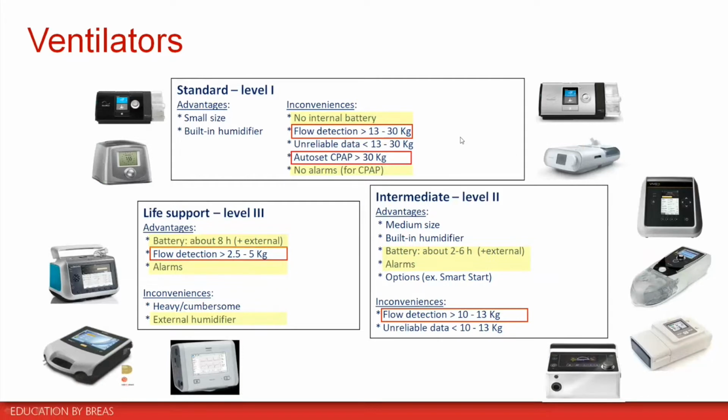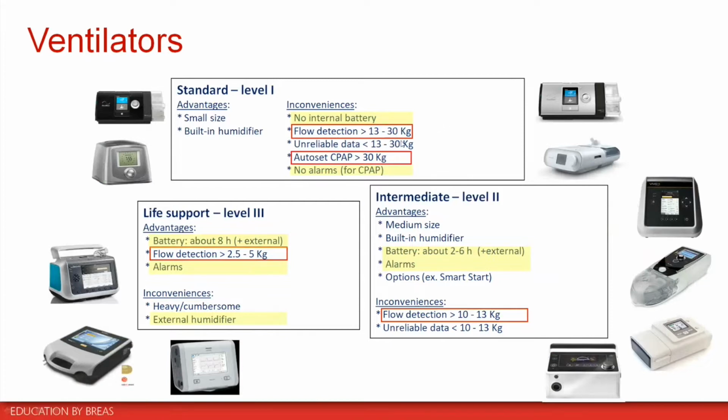But the inconvenience of these ventilators is that they don't have an internal battery. So if you remove the plug, you won't have electricity and the ventilator will stop. They have a flow detection of the patient that is usually about 30 kilograms for CPAP ventilators and above 13 kilograms for NIV level 1 ventilators.